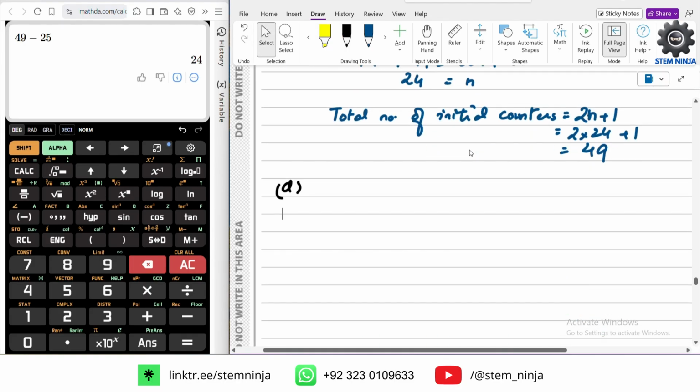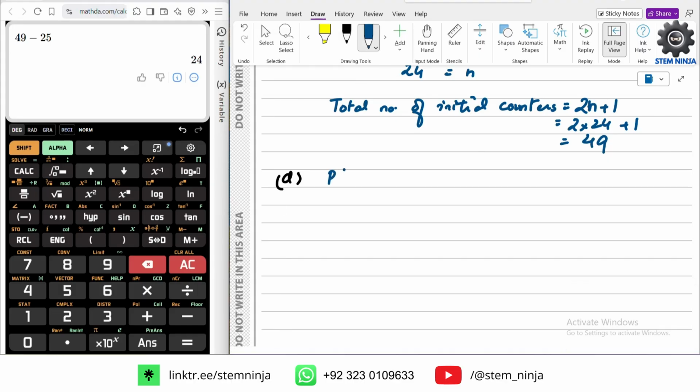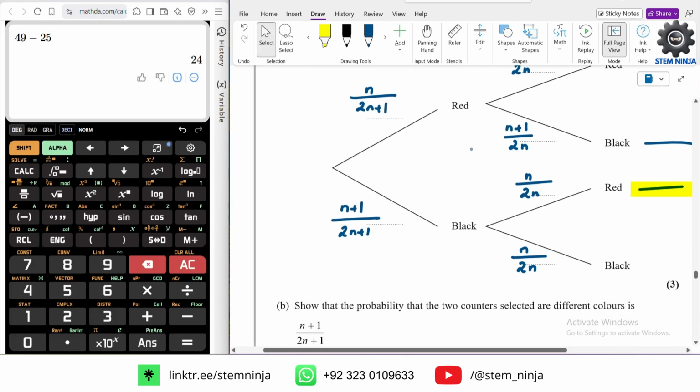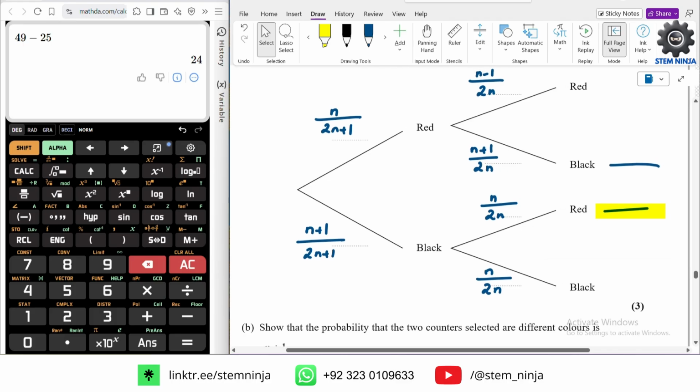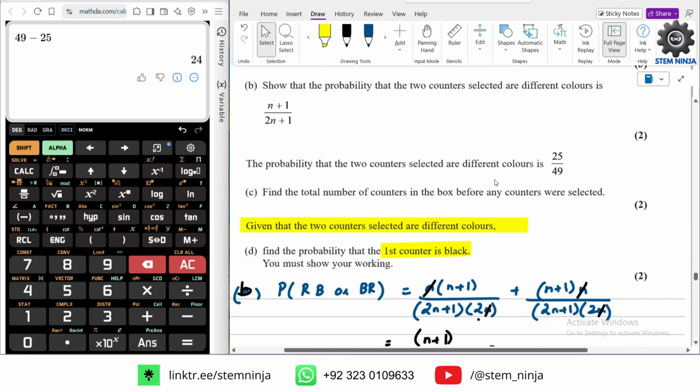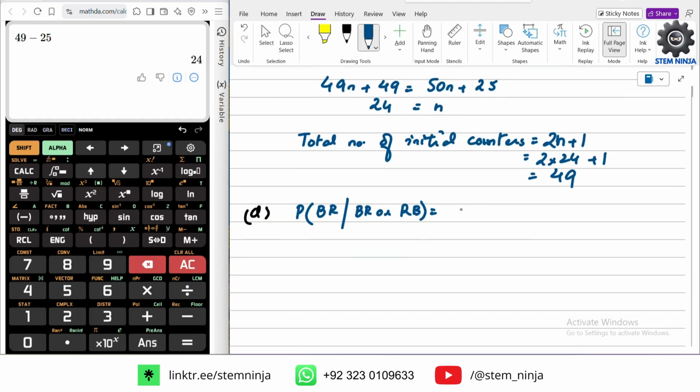Right, okay. So probability of black red, given that it's either black red or red black. So black red was n times n plus 1 divided by 2n plus 1, divided by 25 over 49.